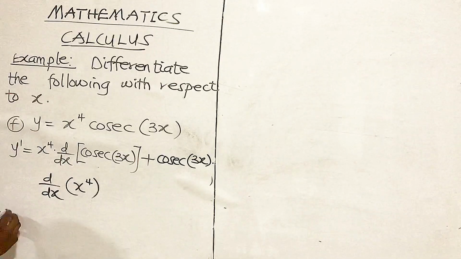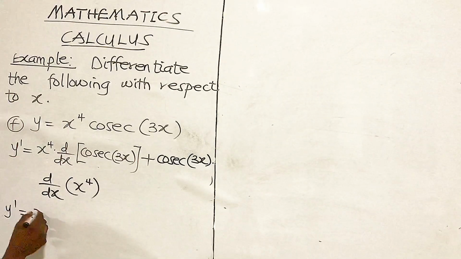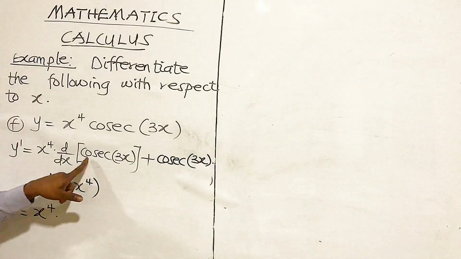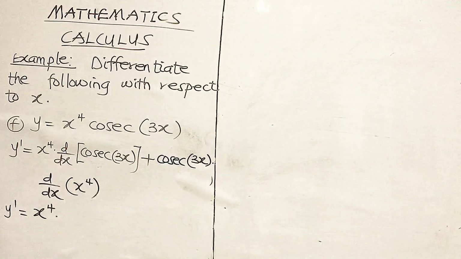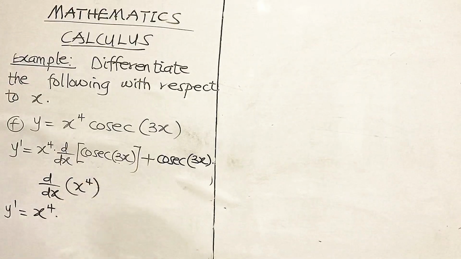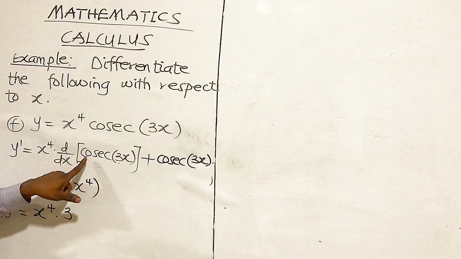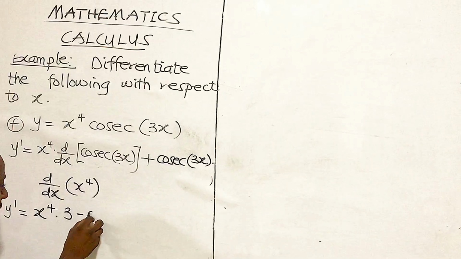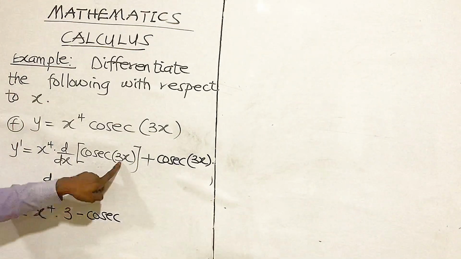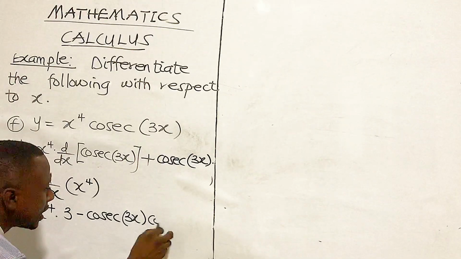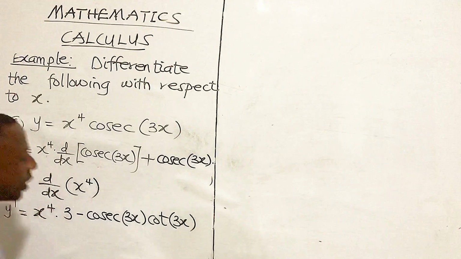So now I have y prime equal to x power 4 multiplying. Now when we differentiate cosec of 3x, as we normally do, we start from the bracket. When I differentiate 3x, I have 3. Then I differentiate the cosec, and when we differentiate cosec, we have negative cosec of the same function, 3x, multiplying cot of the same function, 3x.